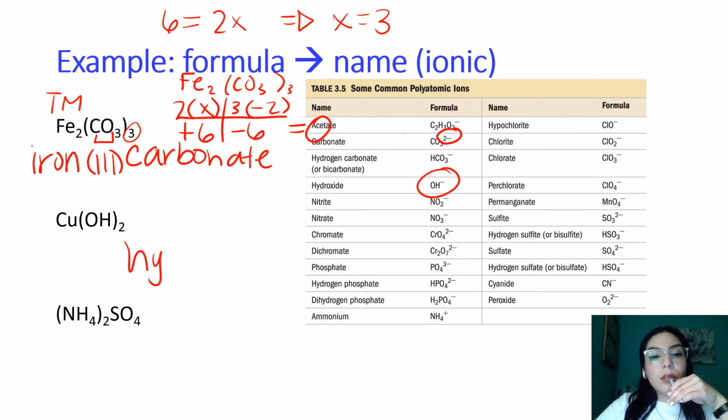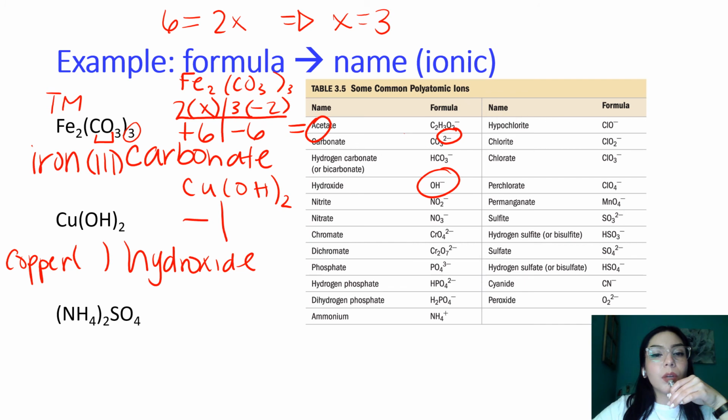So you can go ahead and write that out. And then as for copper, we have to, again, remember to put the charge in the parentheses, and then we have to figure out what that charge was. So we kind of have to go backwards. You always work backwards with these transition metals.